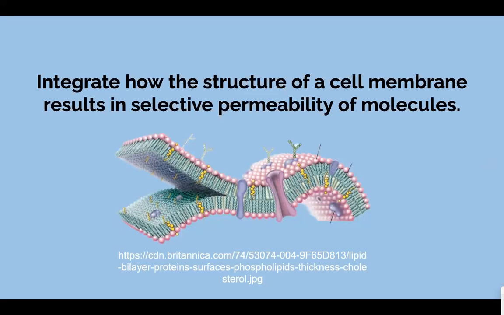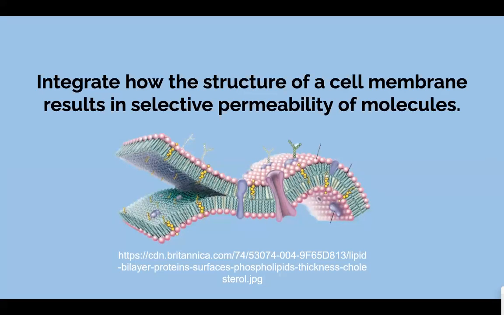For integral proteins, they are embedded within the lipid bilayer of the cell membrane, and they can span the entire thing, creating transmembrane channels or pores that allow specific molecules to pass through. These integral proteins contribute to the selective permeability by facilitating the movement of specific substances across the membrane.